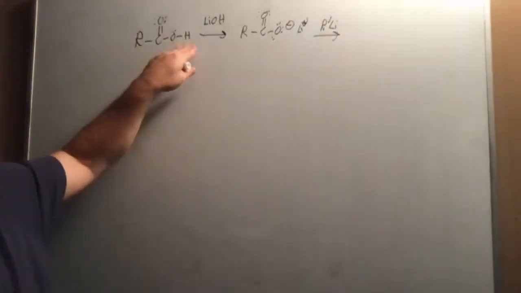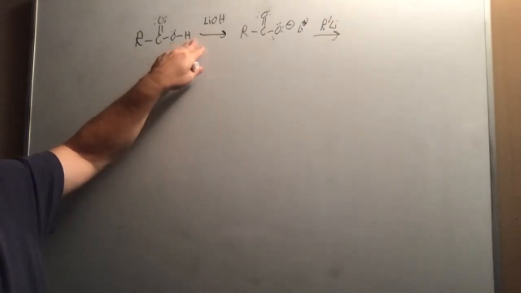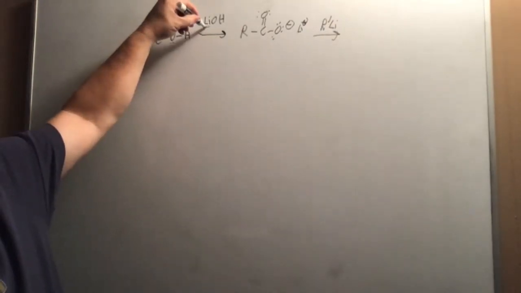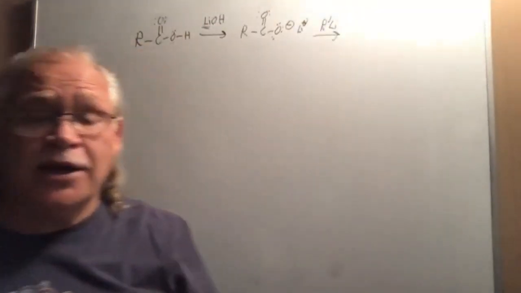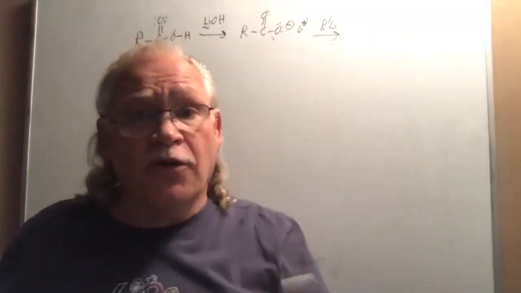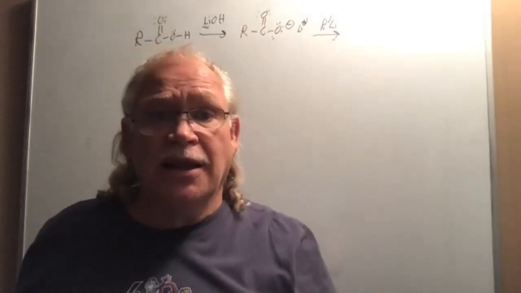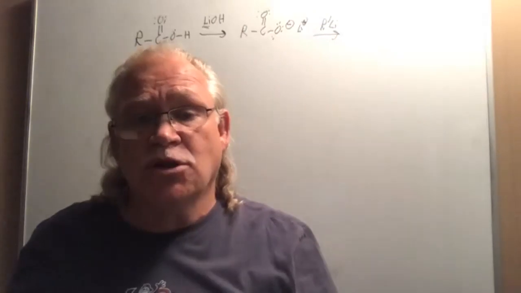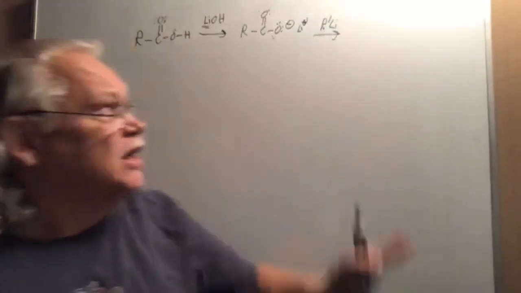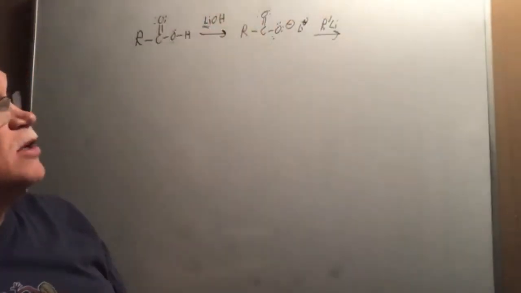So the first step was to get rid of the acidic hydrogen. The reason we chose lithium hydroxide here was because now we're going to add a lithium reagent, and that makes all of our counter ions in solution lithium. We don't want a mixture of lithium and sodium and so forth. So that's why we chose lithium hydroxide.